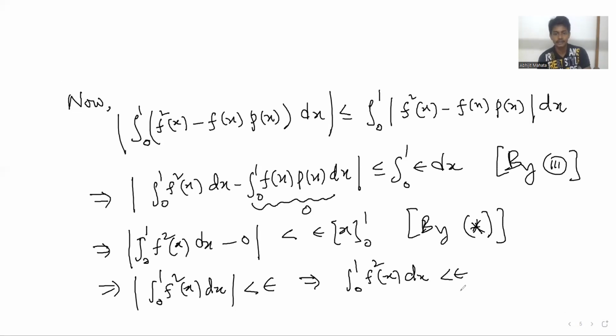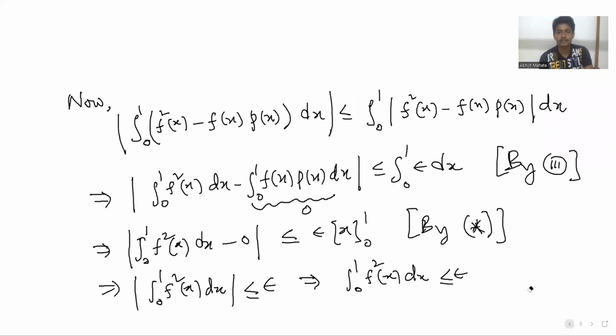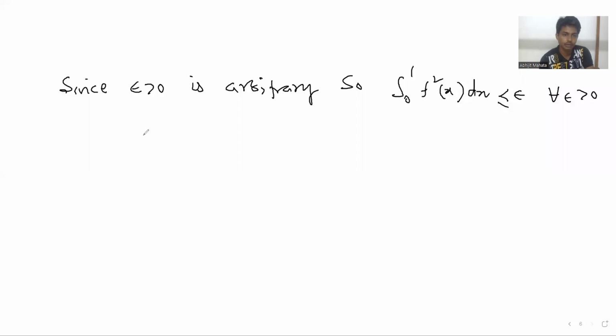One thing I tell you here, since we are taking integration, this will become less than or equal to. This is true for all epsilon. So let me state a very beautiful statement, a logical one.